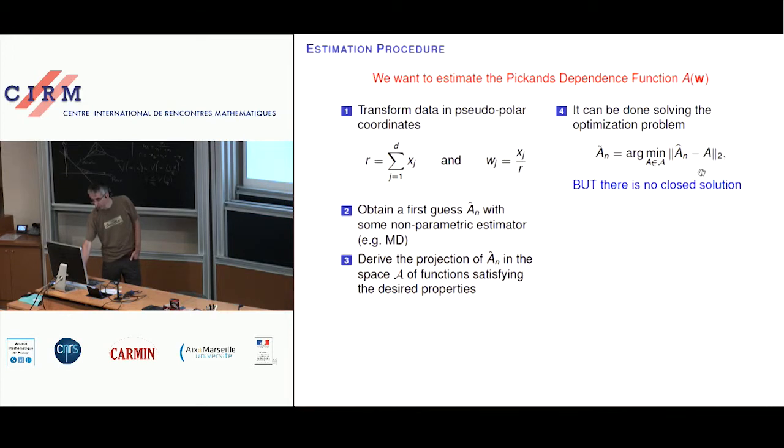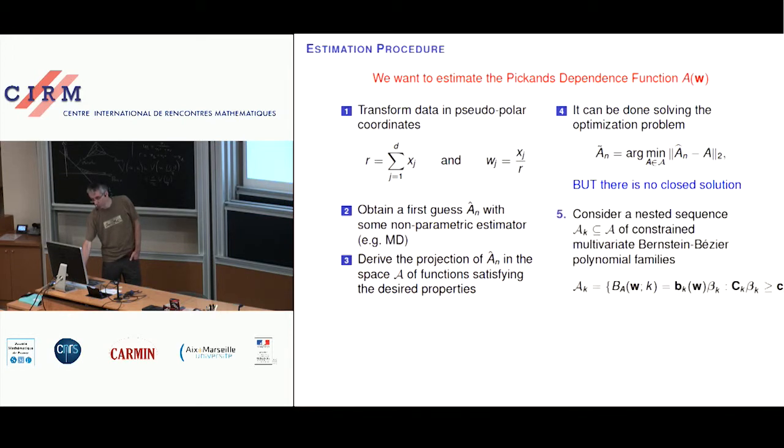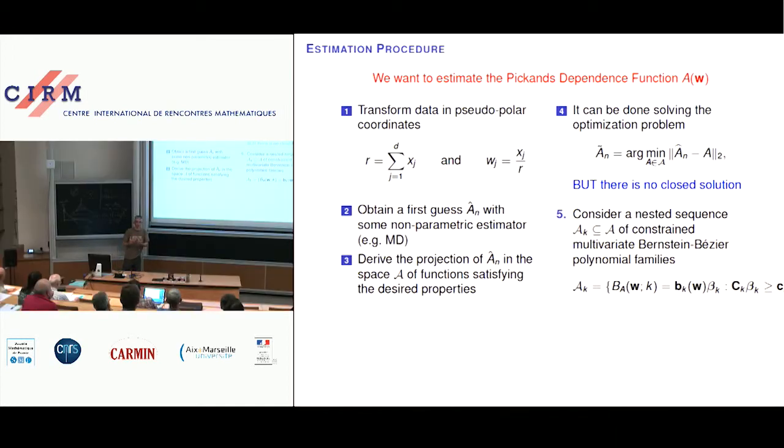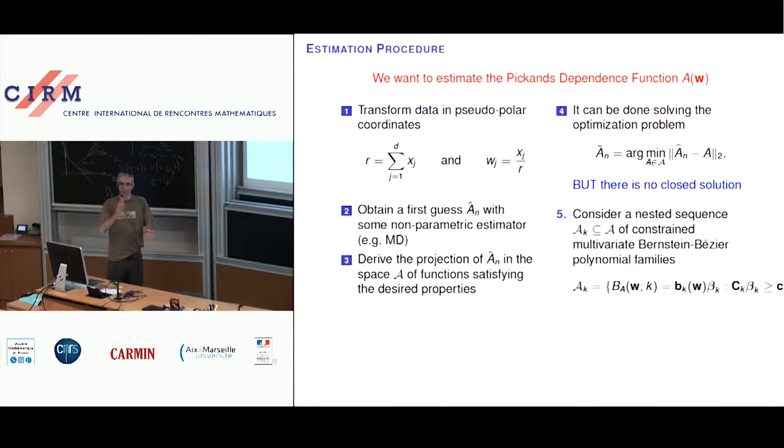Here, what we need to do is a nested approximation. But what's nice is for any k equals 1, 2, 3, 4, 5, the larger the better. After that, it's a computational issue. But basically, all the time, you are sure that your estimator is going to be convex and also obey the two other constraints.